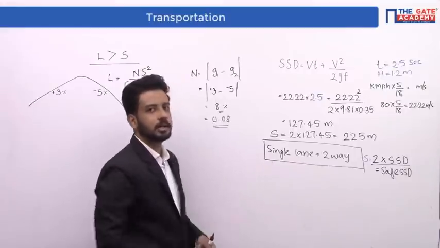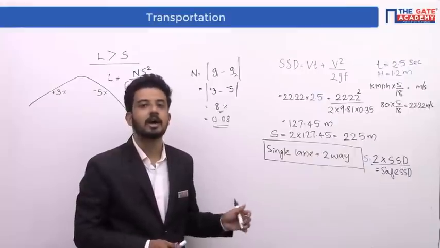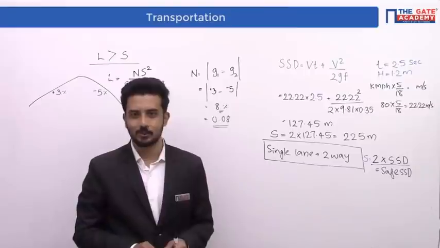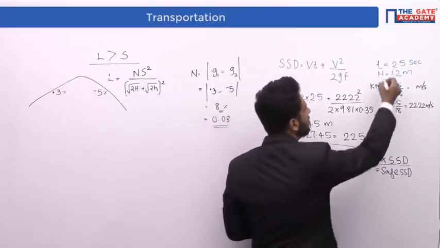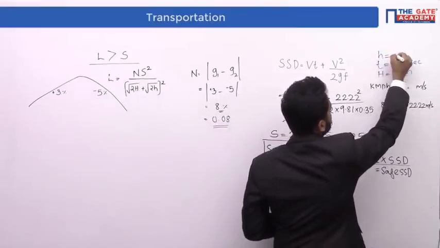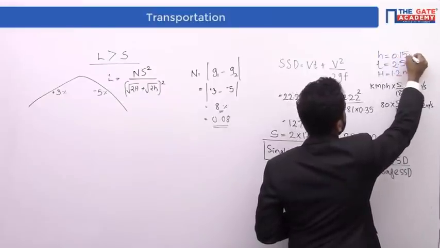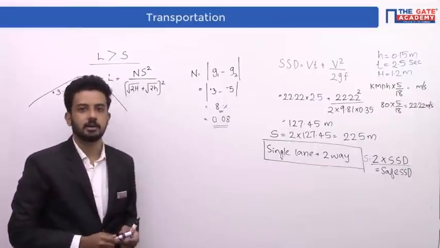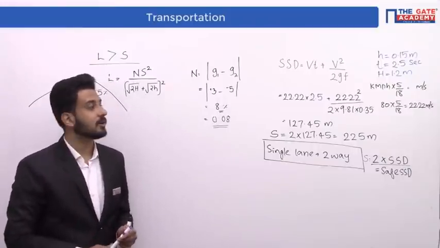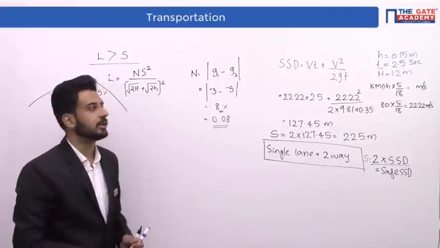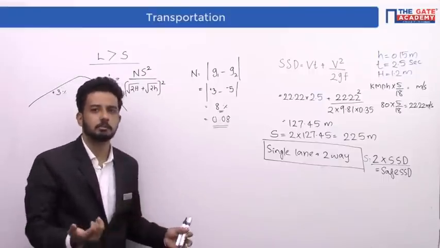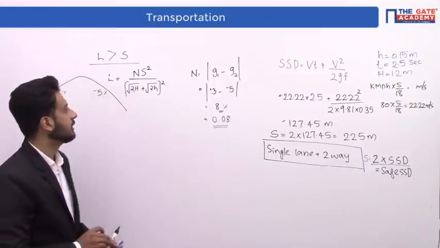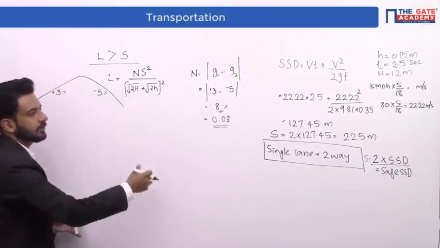Because there is a particular value given as per IRC, so they are demanding us to know that value. What is that value? Small h is equal to 0.15 meter or 15 centimeter. Okay, height of a small scale, 15 centimeter. So we have to substitute everything in meter, no? So 0.15 meter.